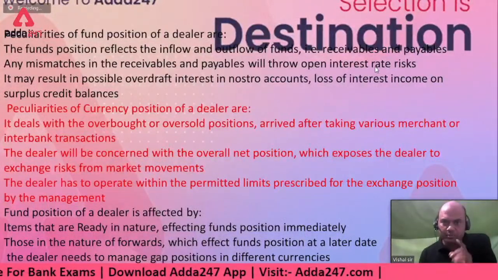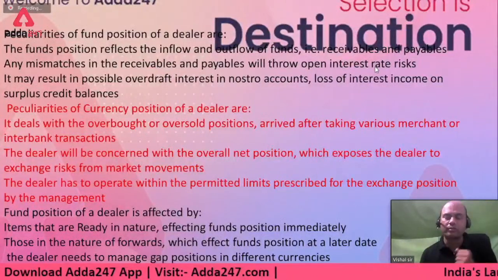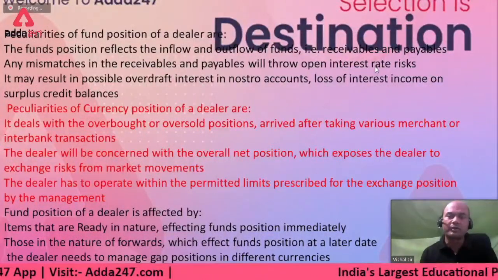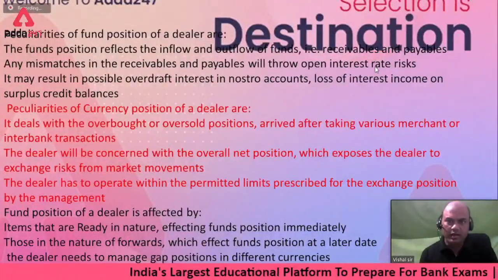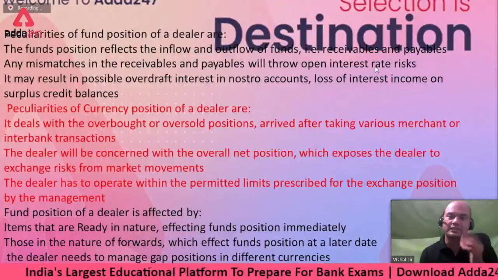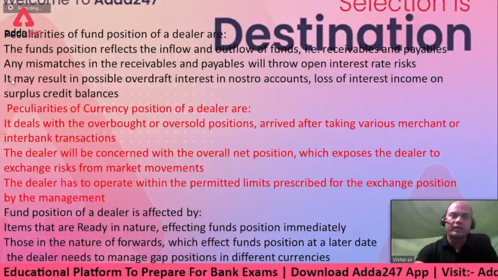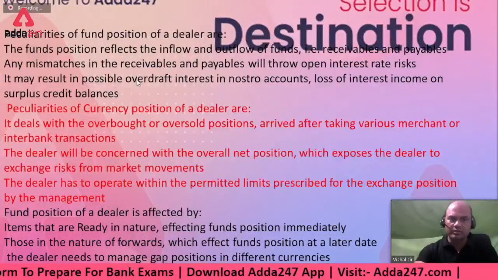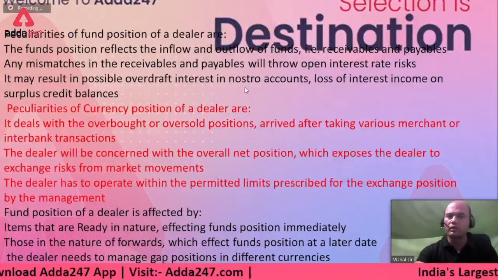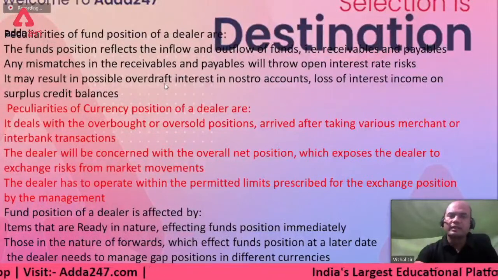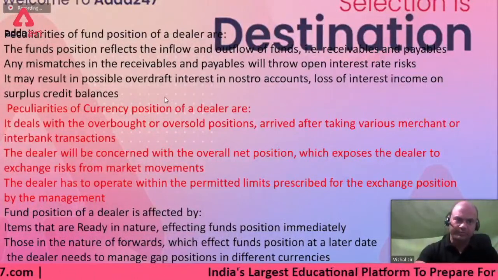If you are in spot and you have bought higher dollars, you'll have to buy the funds from the open market at a higher rate of interest. So that is basically interest rate risk. It may result in possible overdraft interest in the nostro accounts, right? So nostro will have to be overdrawn. Overdrawn means again, interest will be charged for that.